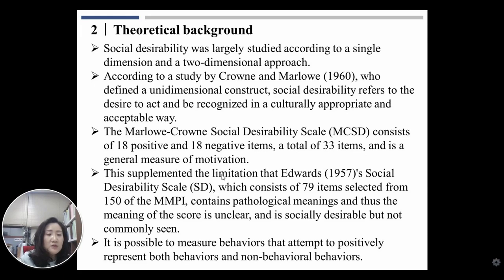This supplements the limitation that Edwards' social desirability scale, which consists of 79 items selected from 150 of the MMPI, contained pathological meaning, and thus the meaning of the score is unclear.